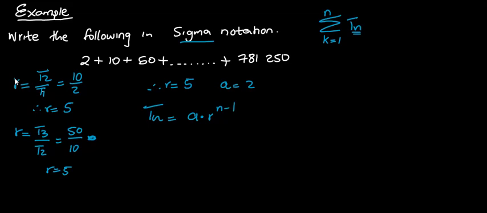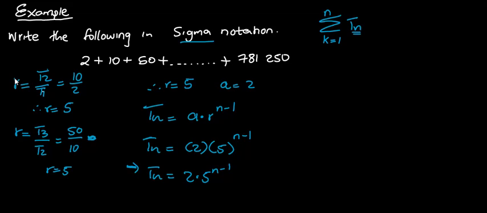You just have to substitute the value of a and the value of r. So Tn is equal to 2, the first term, multiplied by 5, everything to the power n minus 1. This is our general term. The general term is just 2 times 5 to the power n minus 1.